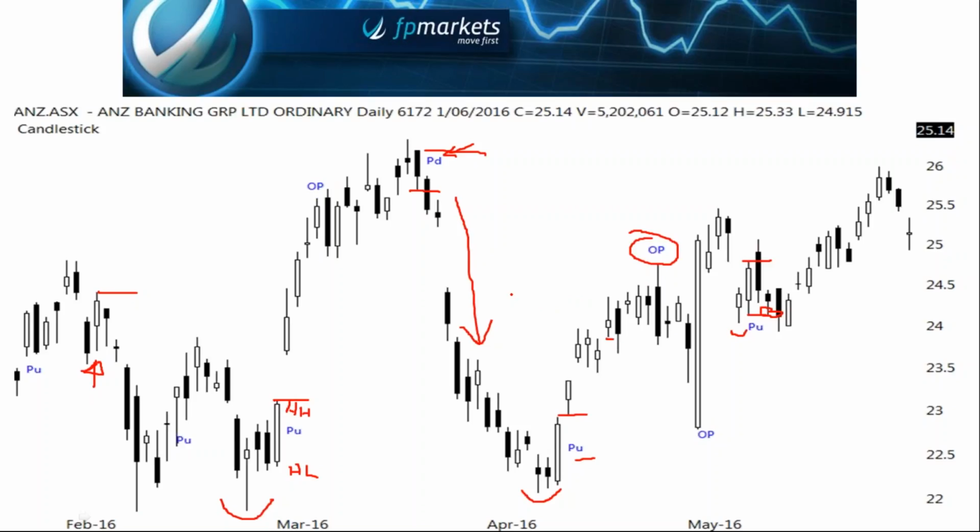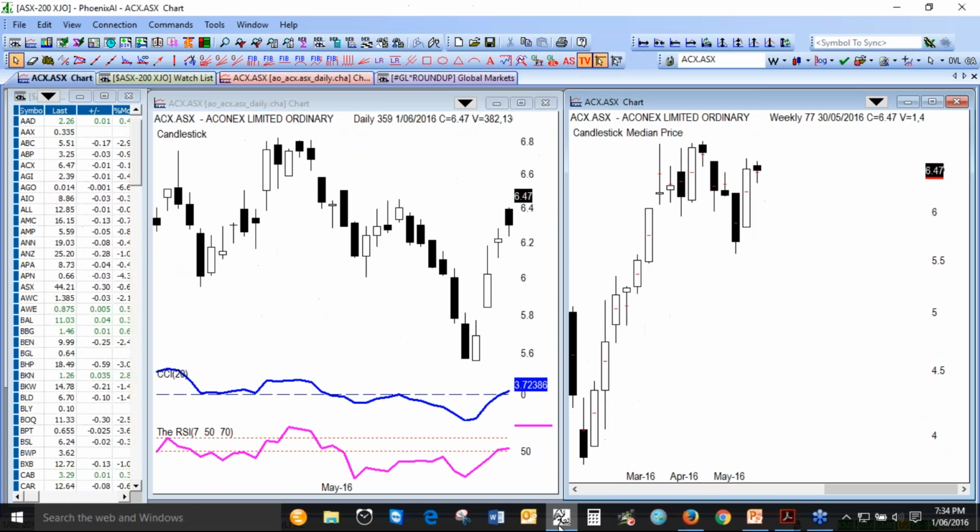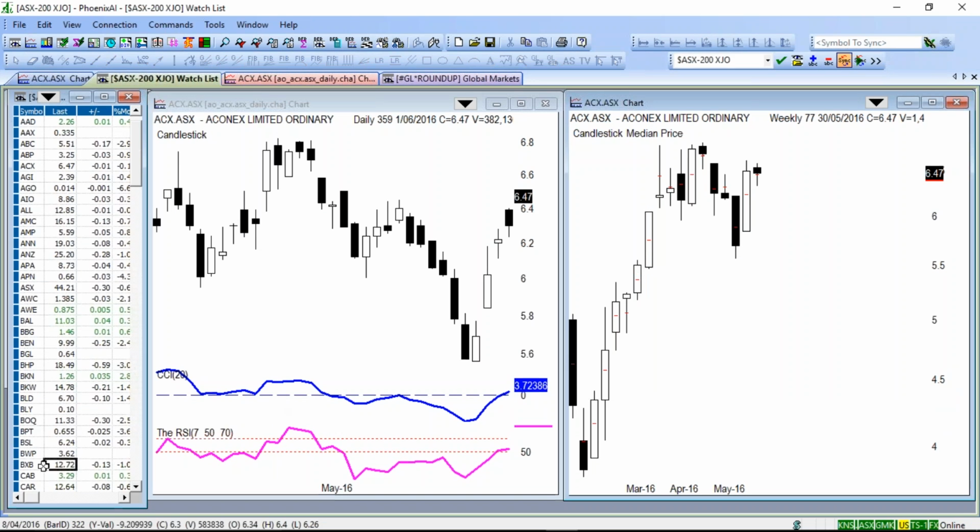It is also worth studying that statement to see if that's actually true or not, because you'll find in a lot of instances it is very, very true, and we saw that in the index this week. We saw that in the XJO this week.